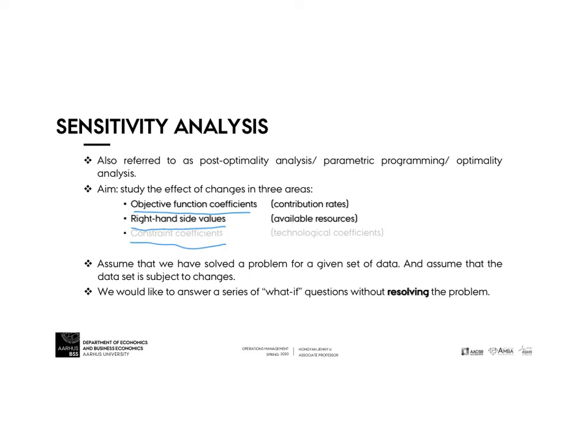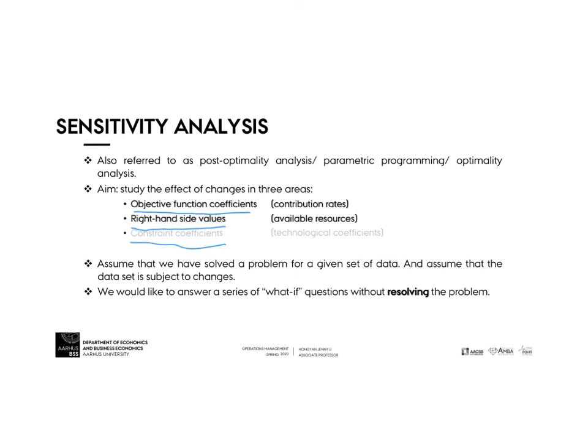The problem we look into is this: assume you have an LP model, you have solved the model and already obtained the optimal solution. But now the coefficients on the right-hand side may change. How will the optimal solution be affected? That's the problem, and in this condition, we address a series of what-if questions.